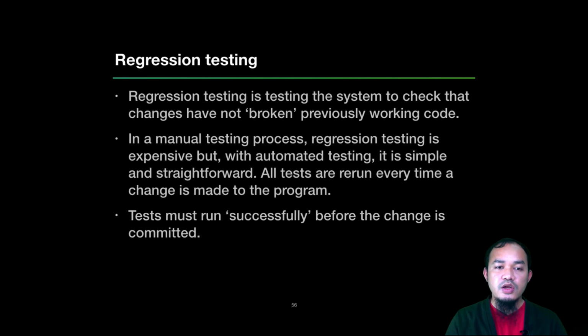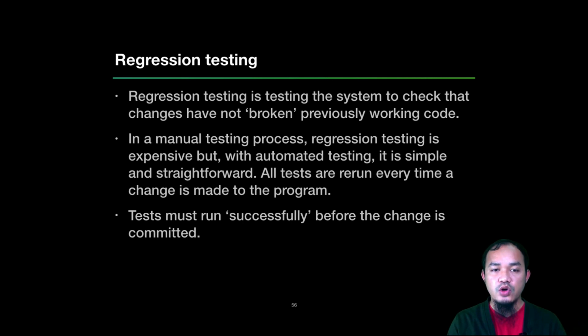In manual testing, regression testing is expensive, but in automated testing it is simple and straightforward. All tests are rerun every time a change is made to the program. When applied with automated testing, it runs automatically.